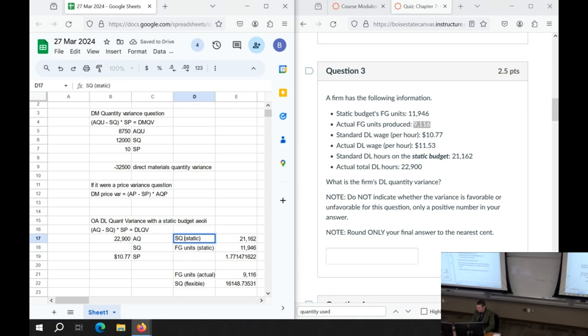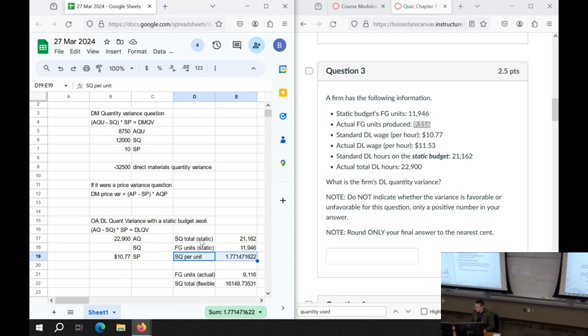Sometimes I omit this and it gets people, sometimes when I put it in, it helps. We're playing between standard quantity on a unit basis and standard quantity on a total basis. So this is the same no matter whether you're talking about static budget or flexible budget. The SQ per unit is always 1.77, 147, et cetera.